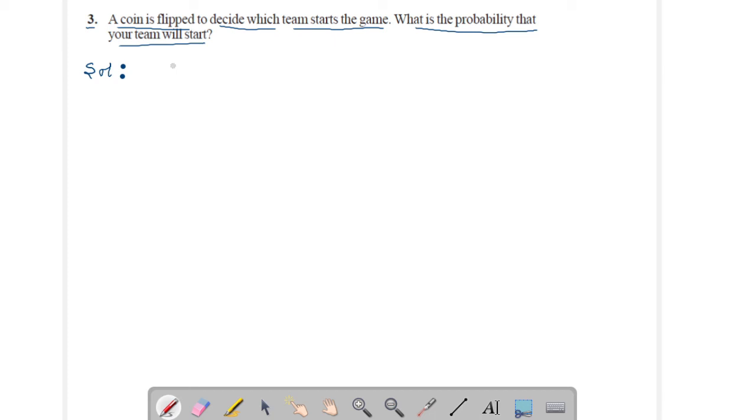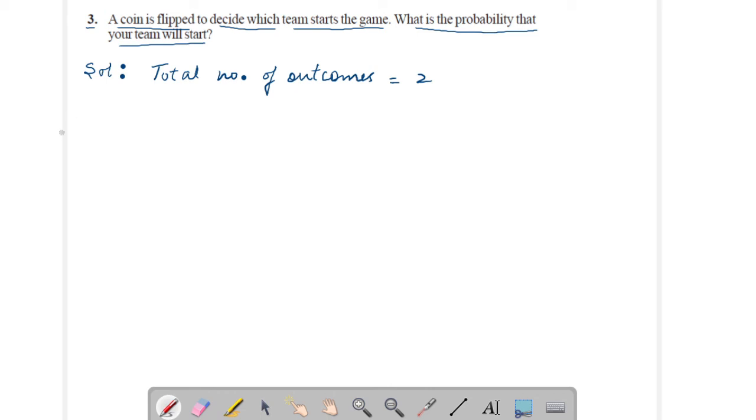Here the total number of outcomes: if he flips a coin, he will get head or tail. The total number of outcomes will be 2, that is head or tail.